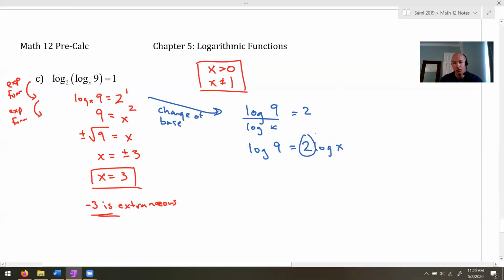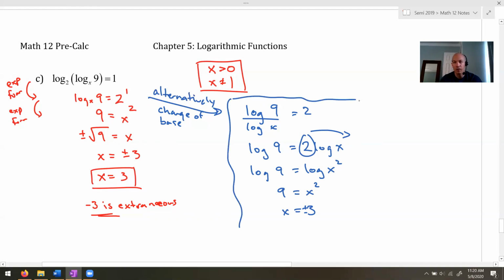The power rule actually allows us to bring that up there. So that would be x squared. And because we have logs on both sides, we can drop the logs and so on, right? So this is an alternative. You can do this method as well. So just a different way of doing things.